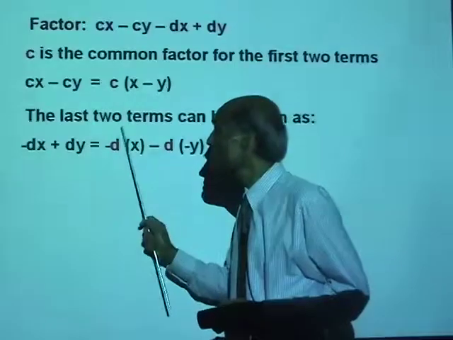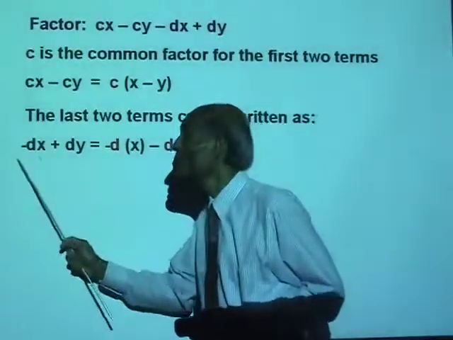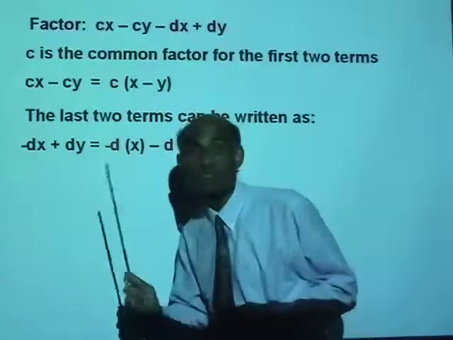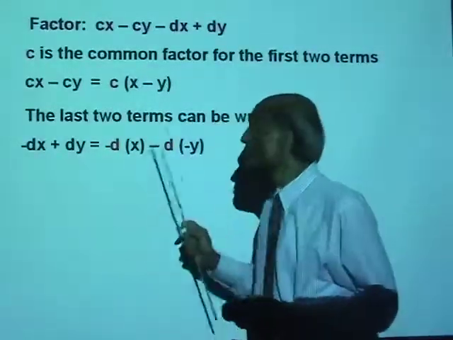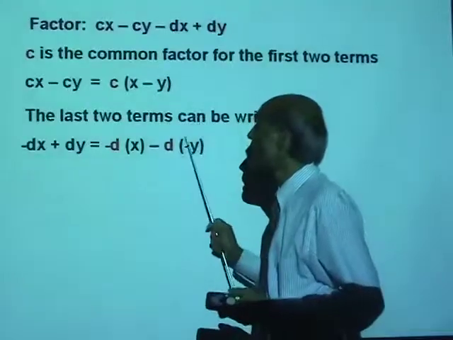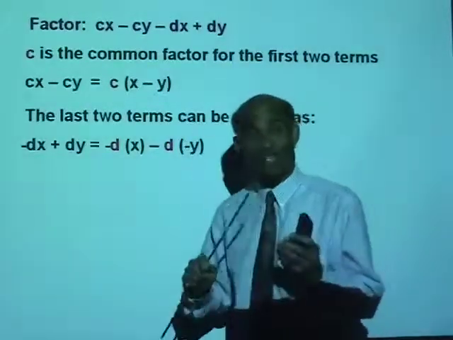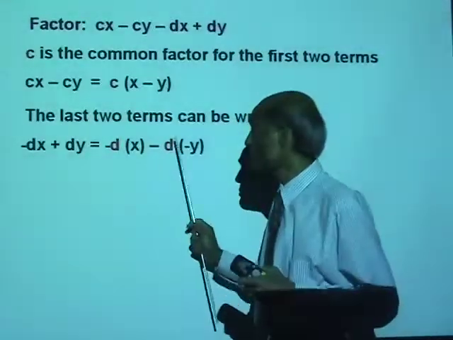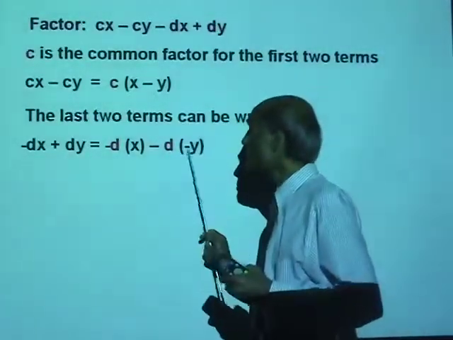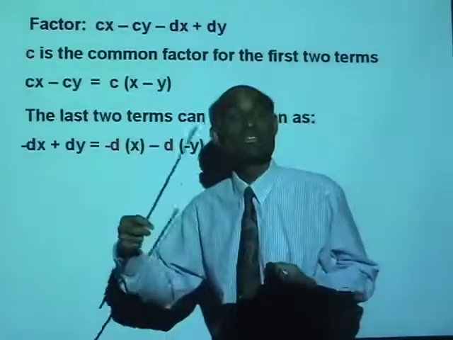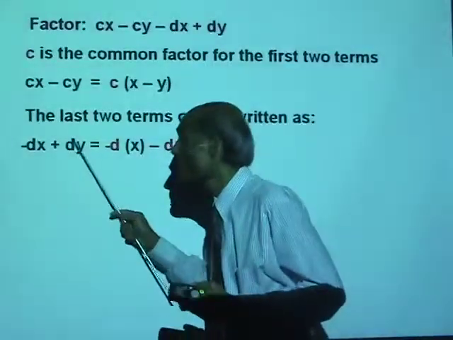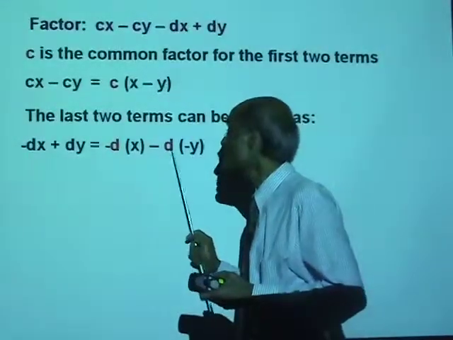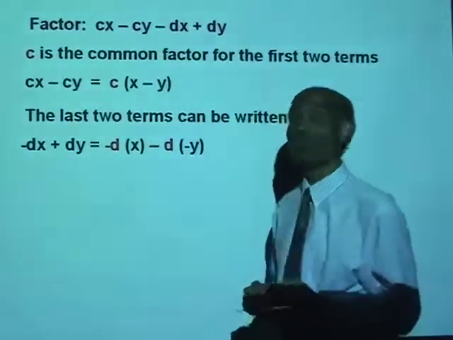And positive dy will be negative d times negative y. A negative multiplied by negative makes it positive. So negative d multiplied by negative y is positive dy.